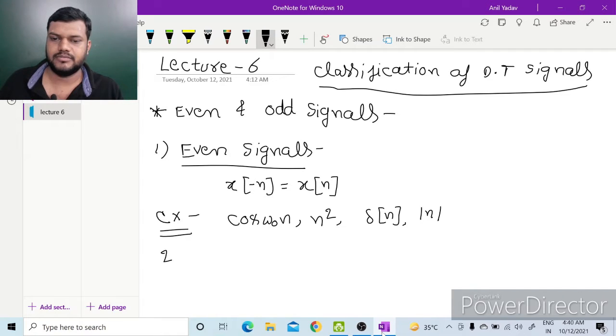Now the second property is that the duration of an even signal on the left hand side is equal to the duration on the right hand side.